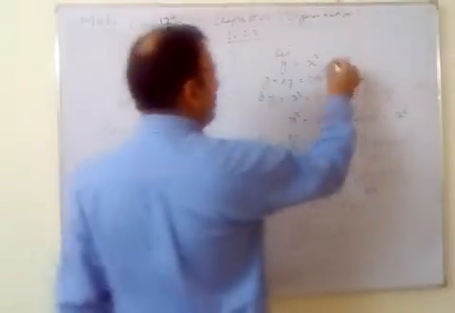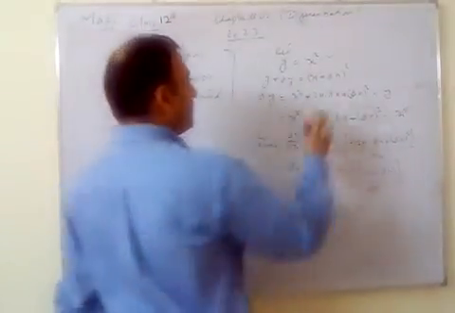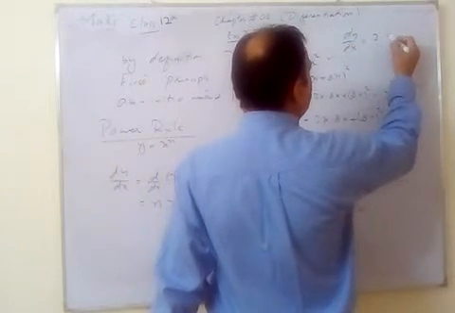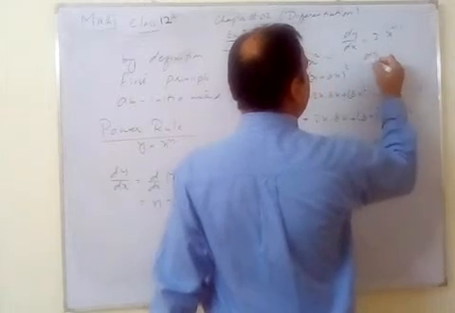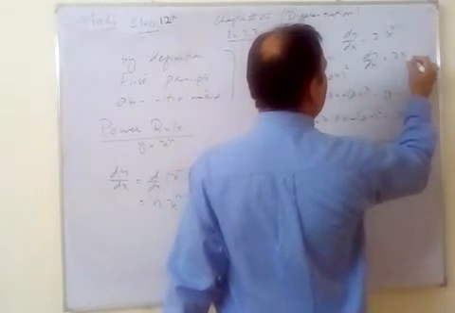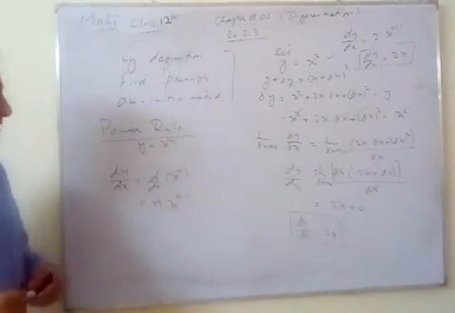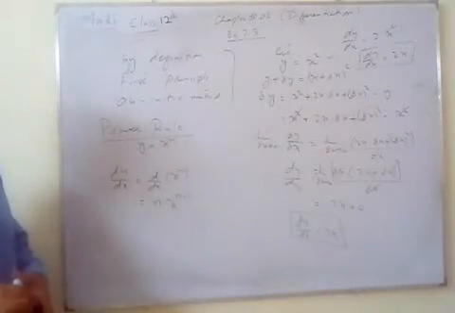By using this, if I solve by power rule, the derivative of y with respect to x is 2 into x power 2 minus 1. So dy by dx is equal to 2x. So in one step we can solve with the help of power rule instead of solving this.